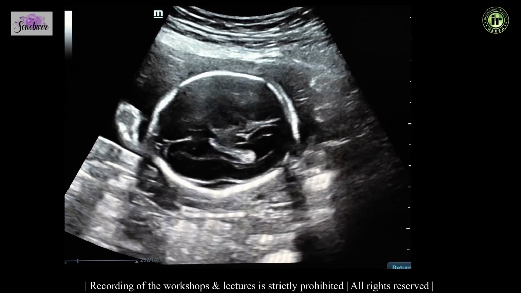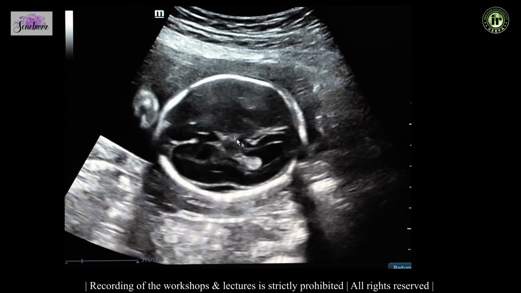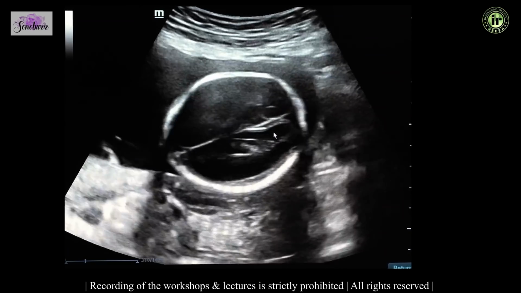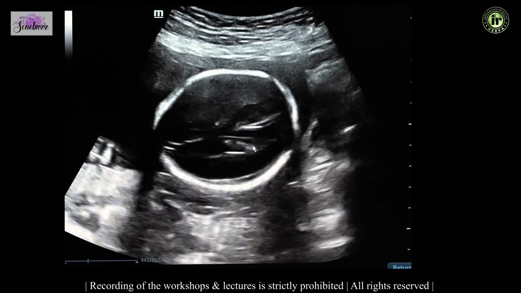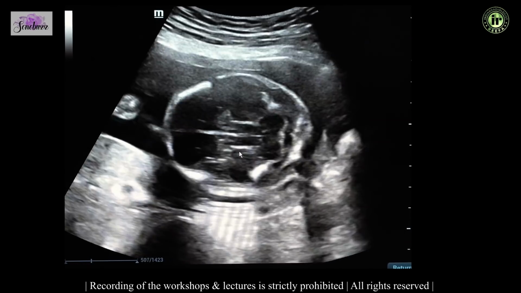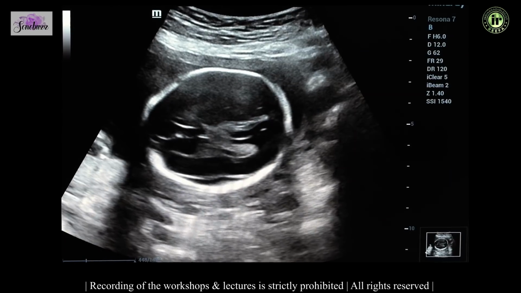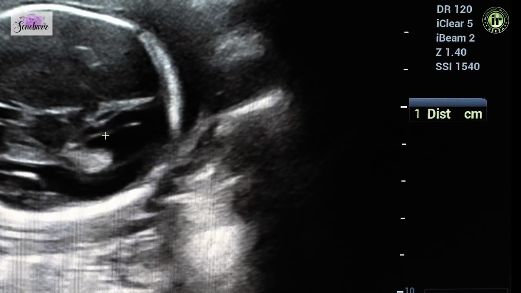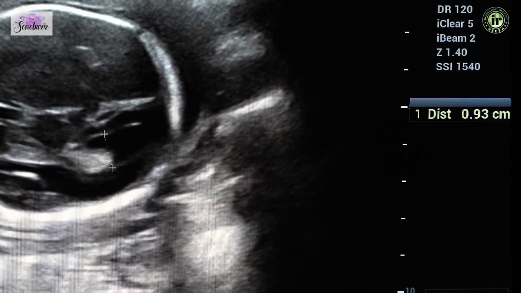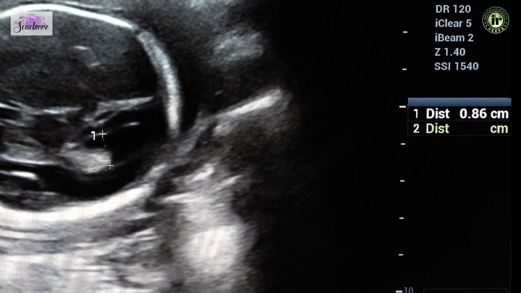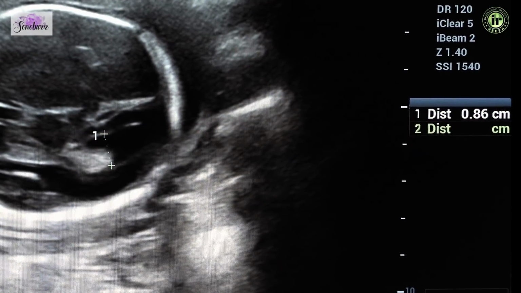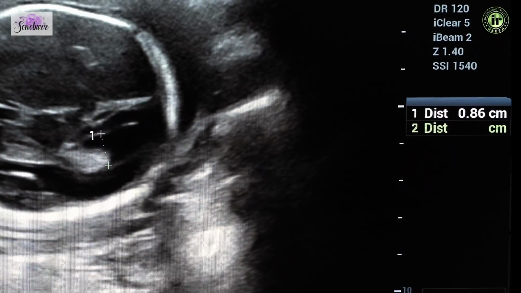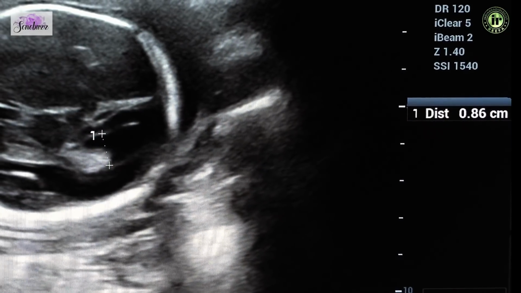These are the lateral ventricles, and this is where you will see the sulcus, and this is where you measure the lateral ventricle. The measurement is taken like this, and this is 8.6 millimeters. Till 10 is the cutoff we say is normal, so this is normal in this particular case.